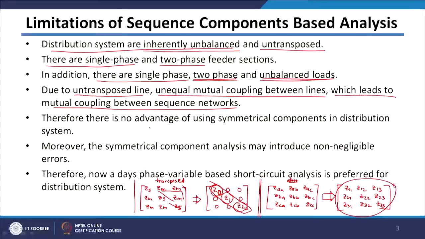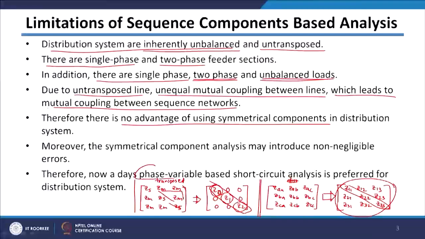Therefore, we do not get any real advantage from using symmetrical components in distribution systems. Studies carried out by many people also tell us that symmetrical components give non-negligible errors in distribution system short circuit analysis. Therefore, nowadays phase variable based short circuit analysis is preferred over the sequence impedance based method.